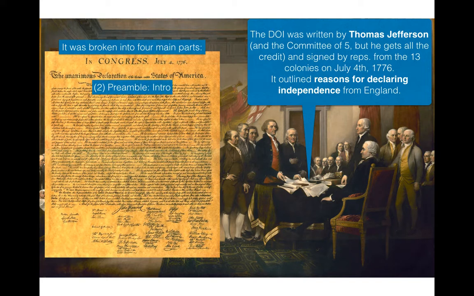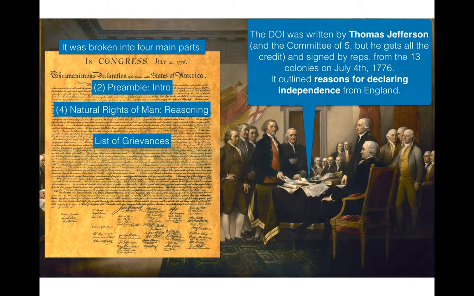It was broken into four main parts. First, a preamble, which is the introduction and tells us what's happening in this paper. The natural rights of man is our reasoning and our justification for breaking away, that we are entitled to our natural rights, which are life, liberty, and the pursuit of happiness. Then it lists all the grievances against the king. Again, it's like a breakup letter. It's basically, he did this, he did that.